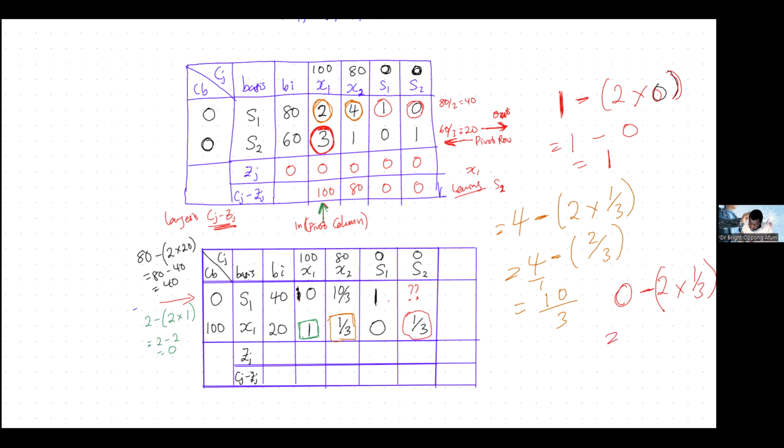So this one will be negative 2 on 3. And negative 2 on 3, we'll use that to replace this. Right, yeah. So we complete our Z.